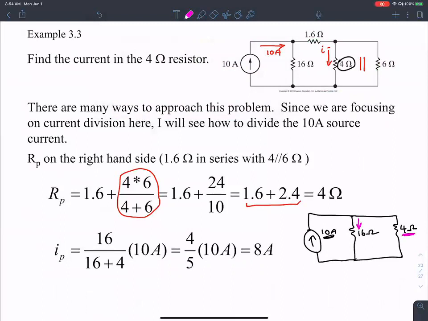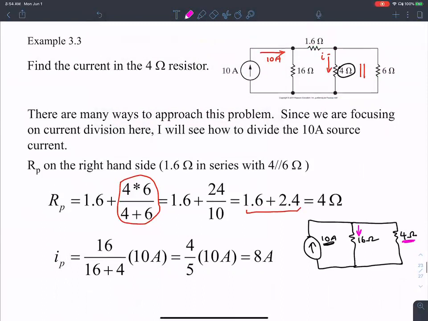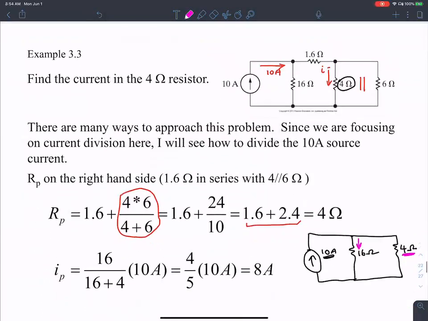If you look at the right hand side, RP is divided into these two branch currents.